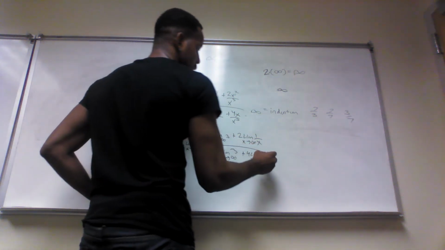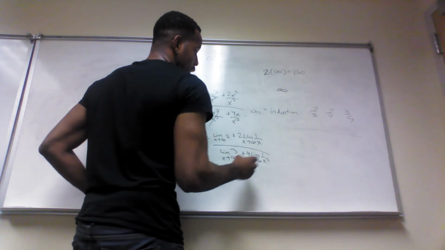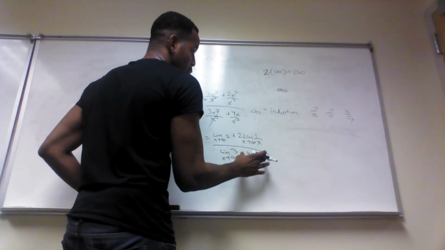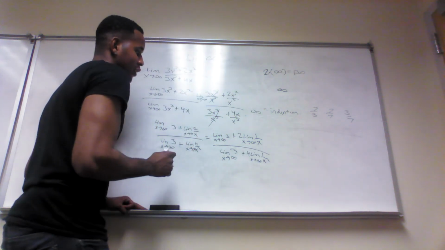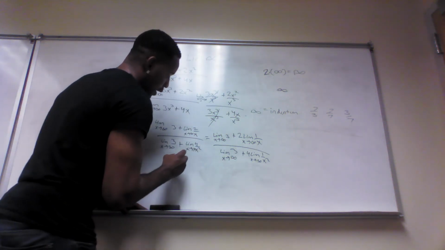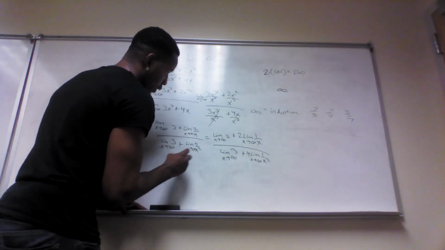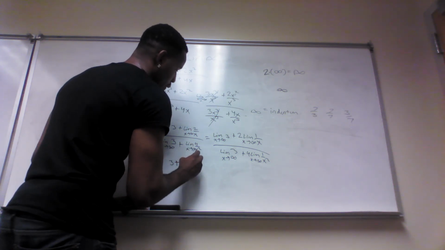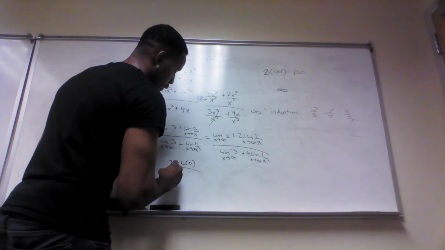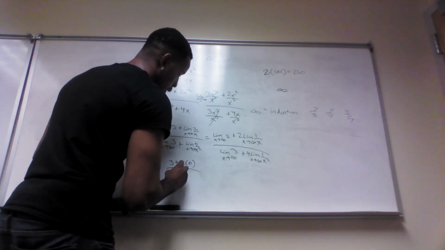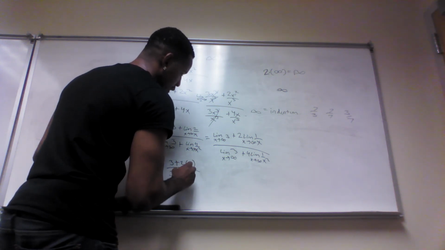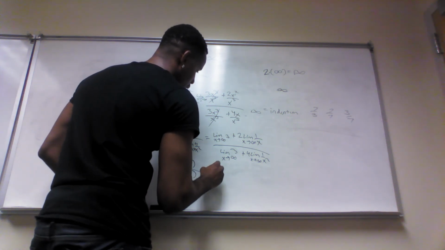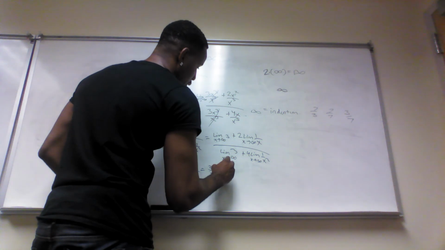We know that this is going to be 0, because this tells us how long x takes to approach 0 faster. So we see that 3 plus 2 times 0 over 3 plus 4 times 0 is going to give us 3 over 3, which is equal to 1.